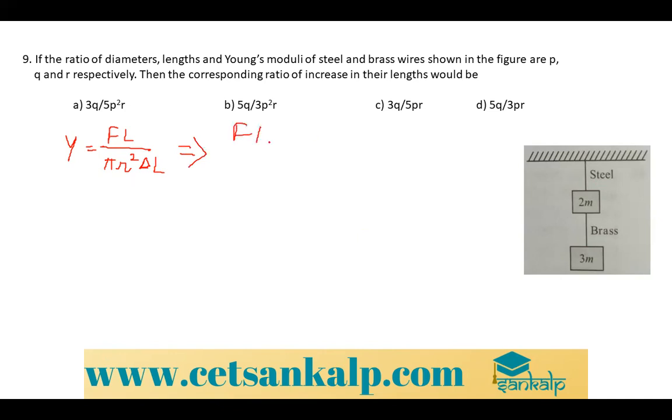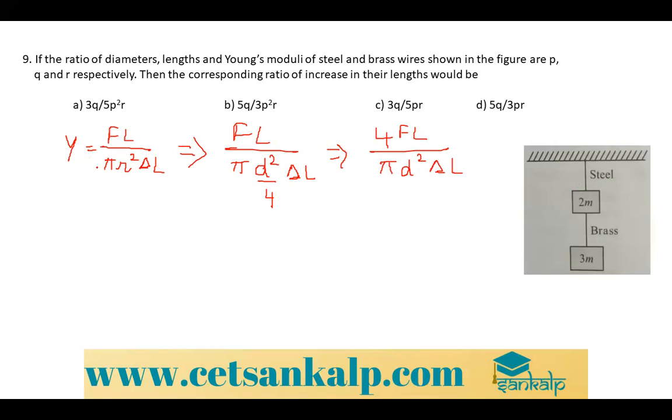So FL divided by pi into d square by 4, because r square is d square by 4. Taking it up, it becomes 4FL divided by pi d square into delta L.